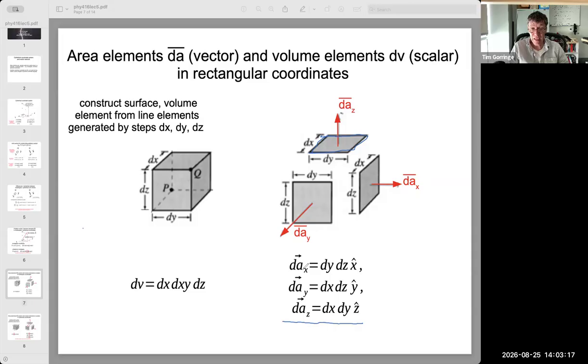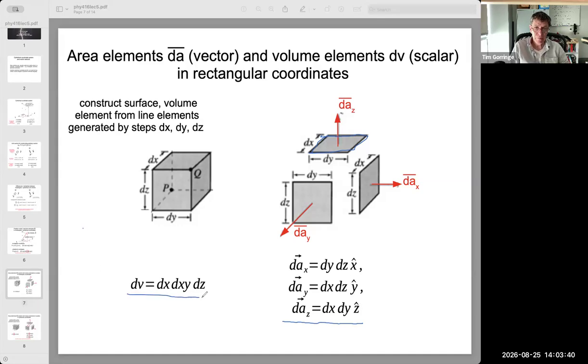So dAx is created by steps in dy and dz and is in the direction of the x unit vector. And similarly for dAy and dAz, to construct surfaces that have their surface vectors in the direction of the three rectangular unit vectors.